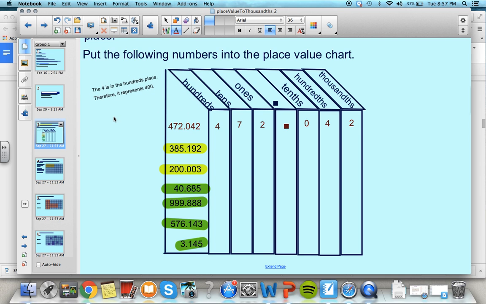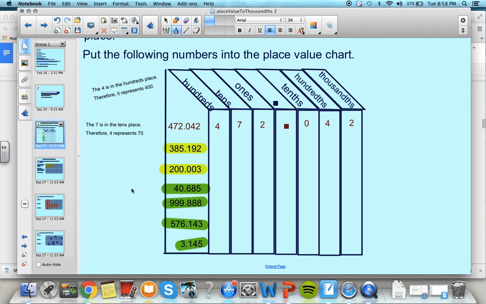The 4 is in the hundreds place, therefore it represents 400. We can make another one because we talked about that 7. The 7 is in the tens place, therefore it represents 70.